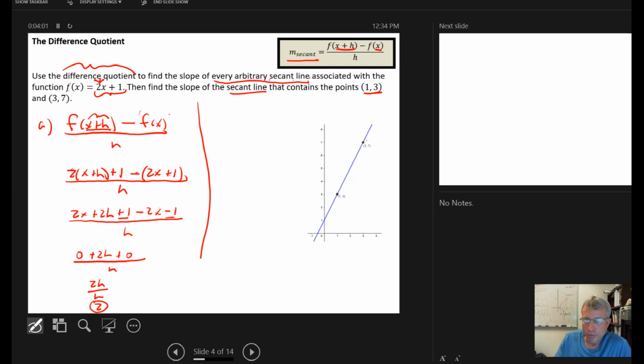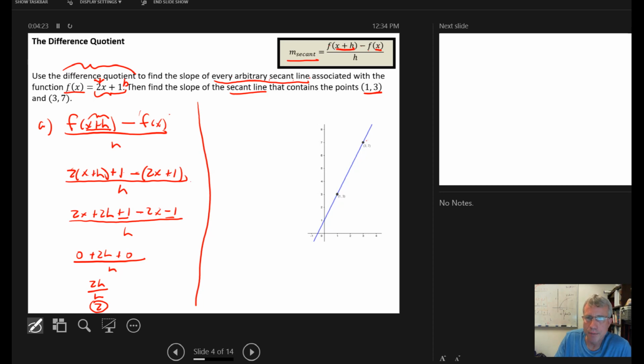So the difference quotient, which gives us the slope of the secant line, is telling us that any 2 points you pick on the line f of x, when you calculate the slope of the secant line passing through them, you're just going to get the slope of the line itself. So for part B then, I can find the slope of the secant line that contains those points.